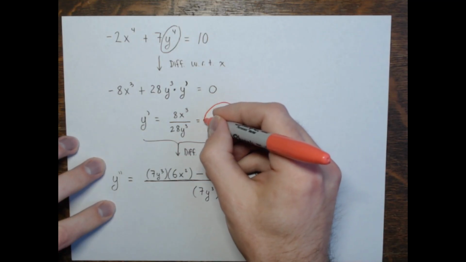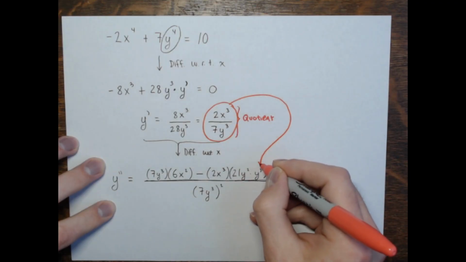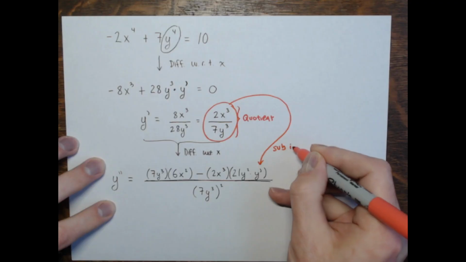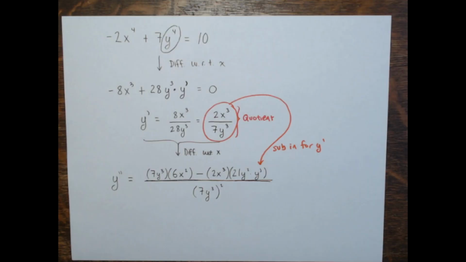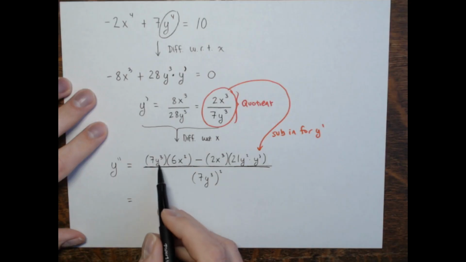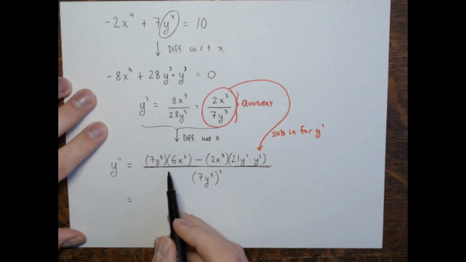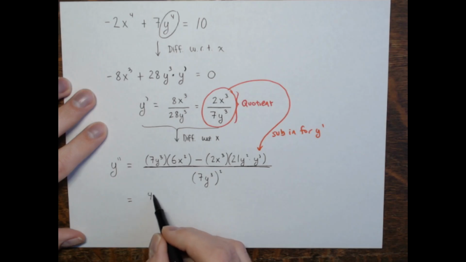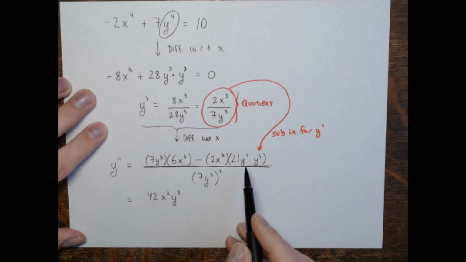So this 2x cubed over 7y cubed that we found earlier for y prime, right, we're going to sub that in for y prime. Okay, and that's going to turn this into a complex fraction. So I'm going to leave things the way they are, maybe multiply some numbers here. So 7 times 6, that's 42. So I got 42 x squared y cubed in that first term up top.